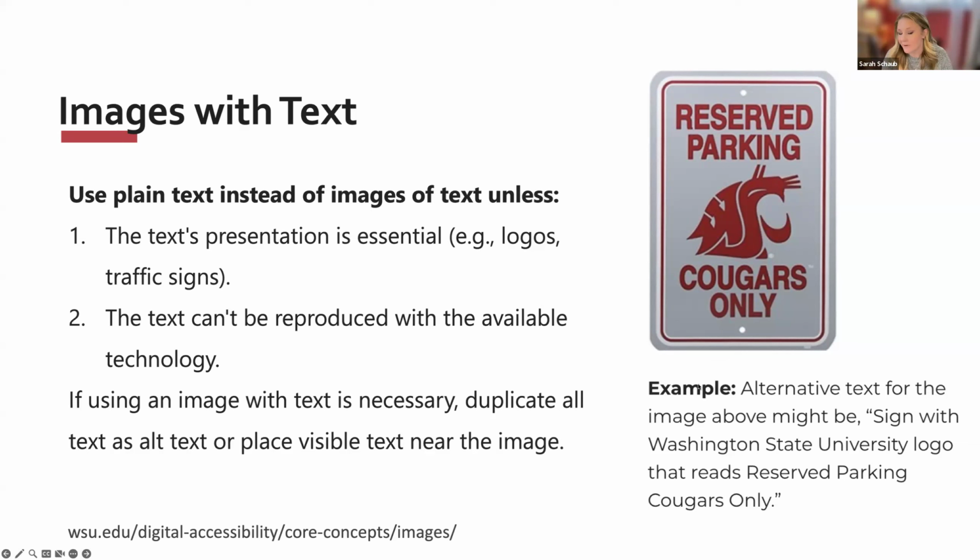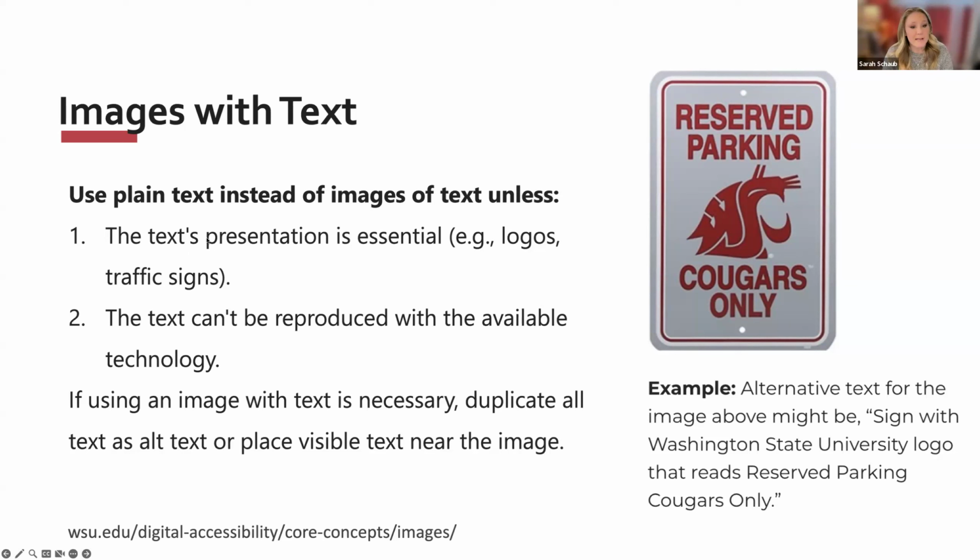And so an example for alternative text for this might be, quote, sign with Washington State University logo that reads reserved parking, Cougars only, end quote. So that might be an example of what you would use. The important thing is that you convey whatever text is on that image to the user, so that they have the same experience as a sighted user.